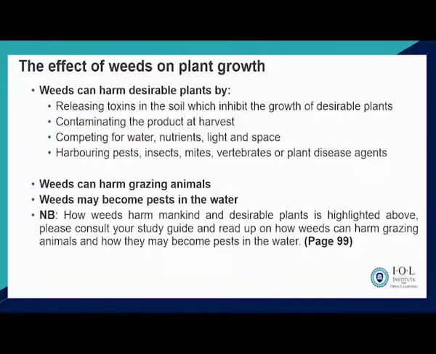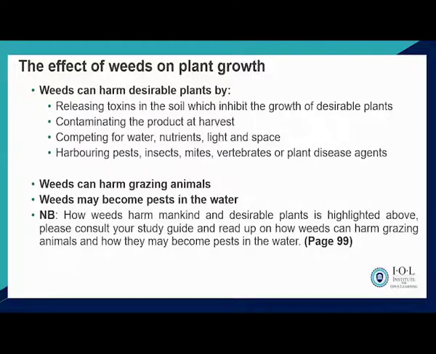They are not only harmful to humans, they can also be harmful to desired plants by releasing toxins in the soil which inhibit the growth of desirable plants. They can be harmful by contaminating the product at harvest. They compete for water, nutrients, light, and space with your desirable plants.